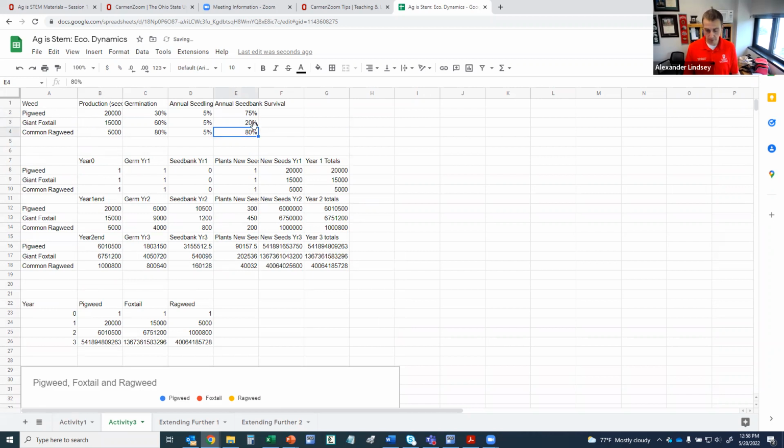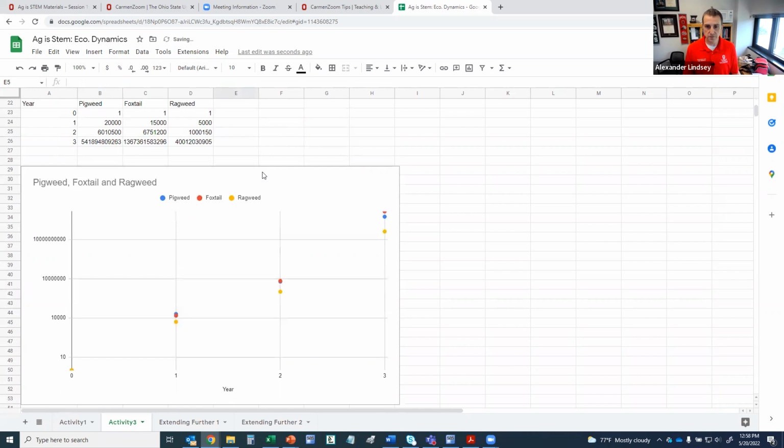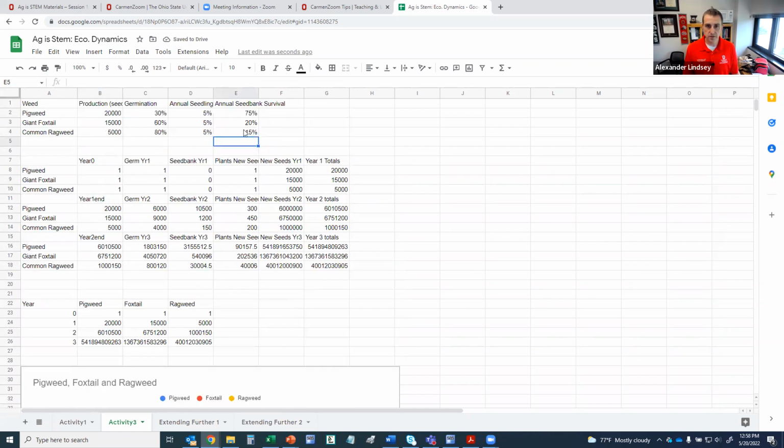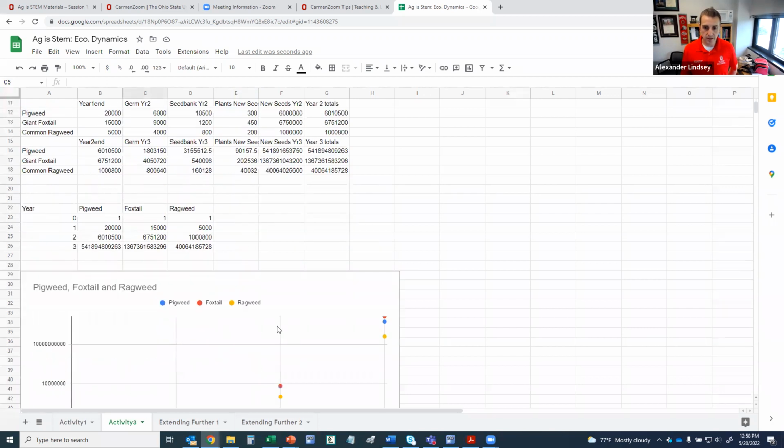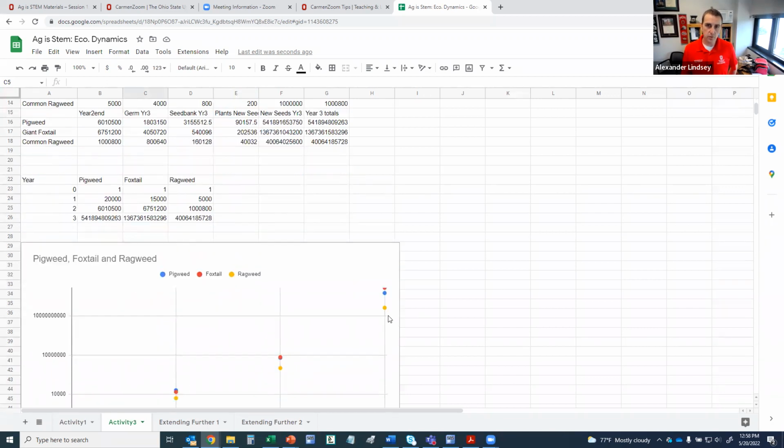These are things you can play around with your students. So if we change that to 15, how does that affect the results? These are just some numbers you can manipulate in that activity to look at how different biological characteristics, germination, production, prolificacy, all impact the dynamics and how that changes potentially over time.